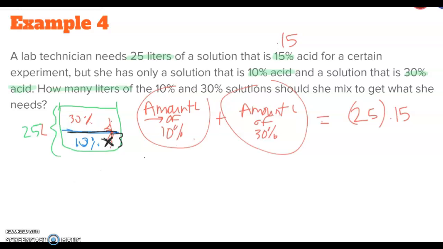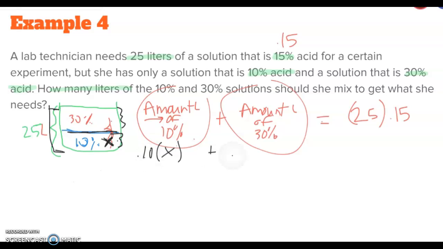What's the relationship then between the amount of 10% and the amount of 30%? Well, I can look over here and see it should add up. The 10% and the 30% should add up to 25. So if I have x amount of 10, of means times, so x times 10% solution.